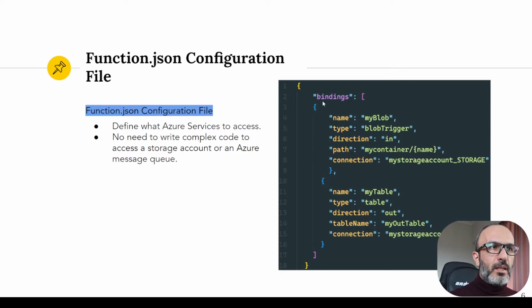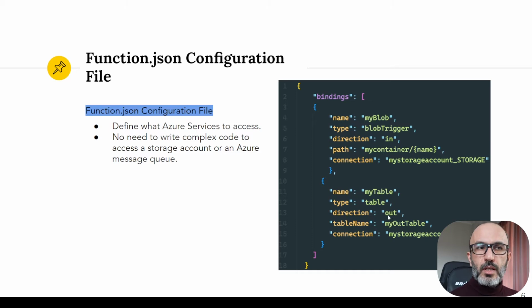So basically, in here we are defining the bindings, and in this case, we are saying the binding parameter is called myBlob. It's a type of blob trigger. It's in the in direction, which means it's an input direction, and then some more configuration or some more variables about that specific parameter. And then again, for the table, it's called myTable. It's a type of table.